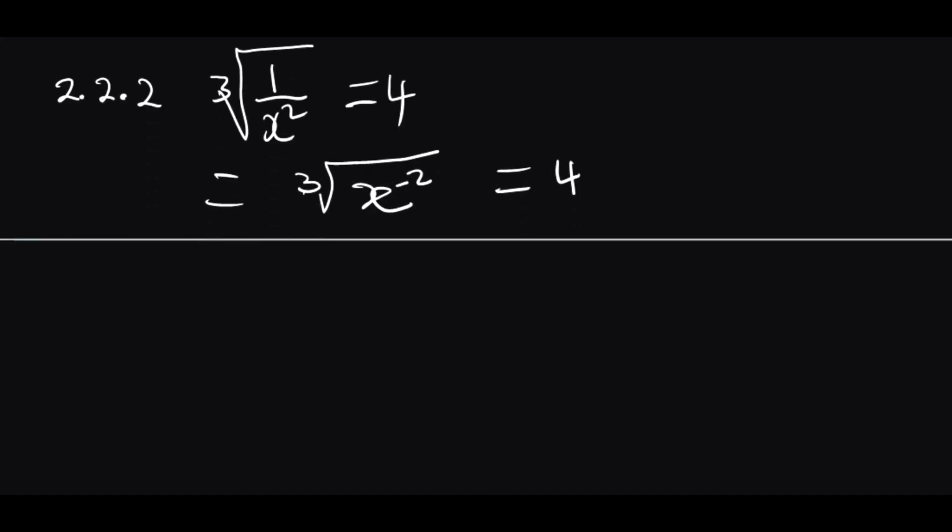Right. Okay, moving on, we can remove the cube root now. We will have x to the power negative 2, cube root is 1 over 3, which is equal to 4.